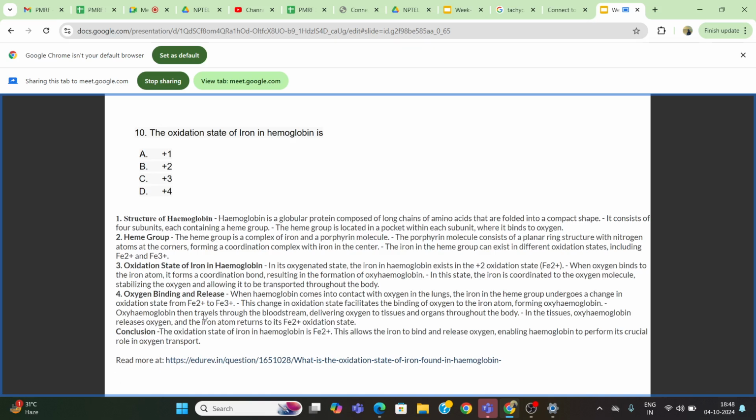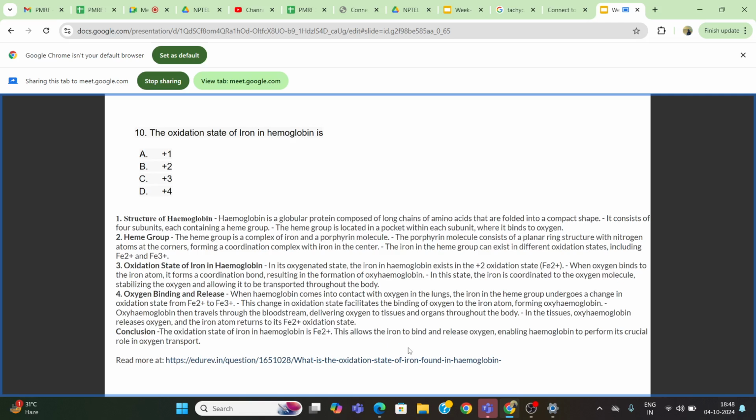That time it needs to be released, right? So that time only the oxidation state will change to +3. This oxidation state change facilitates the binding of oxygen, forming oxyhemoglobin, which then travels through the bloodstream, delivering oxygen to tissues.